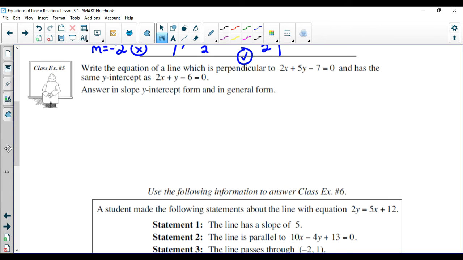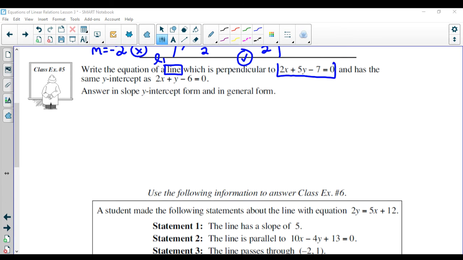Okay, let's jump down to example number 5. So it says, write the equation of a line that is perpendicular to 2x plus 5y minus 7, and it has the same y-intercept as a different line. Okay, so there's actually 3 lines we're going to look at here. First of all, it says write the equation of a line. So we're going to call that line line 1.